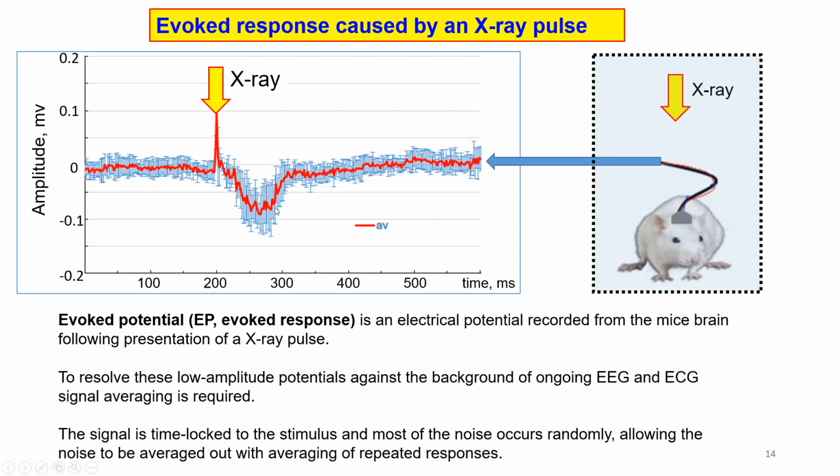It's classical neurophysiology, maybe 100 years old, but it shows us that particular cells in the mouse brain are sensitive to the brief X-ray pulse. The next was the histological control.